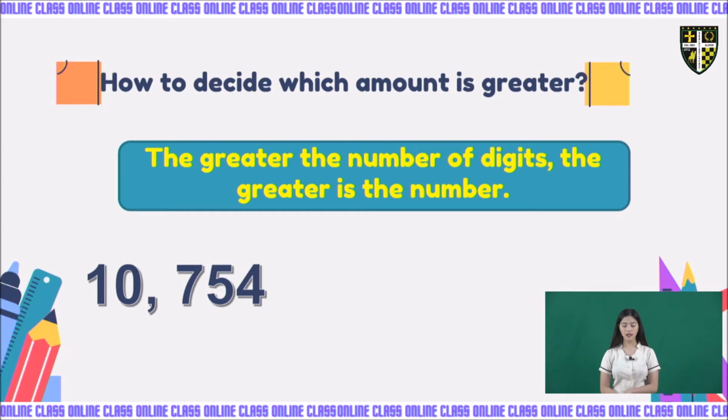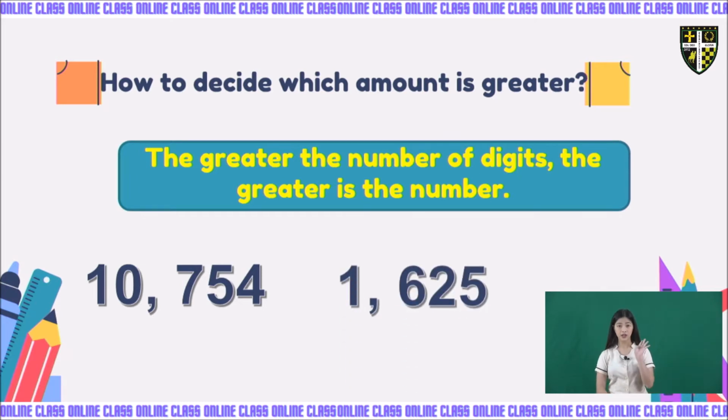While the second one has 4 digits, which is 1,625. So it means the greater the number of digits, the greater is the number.